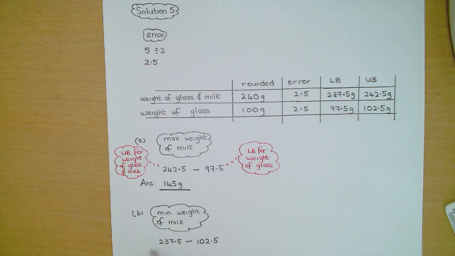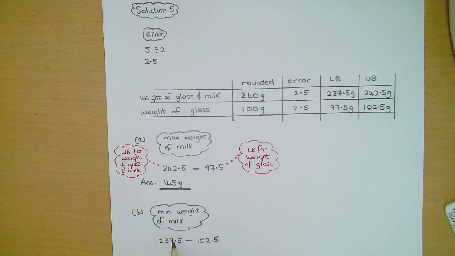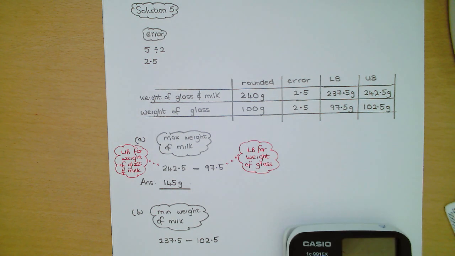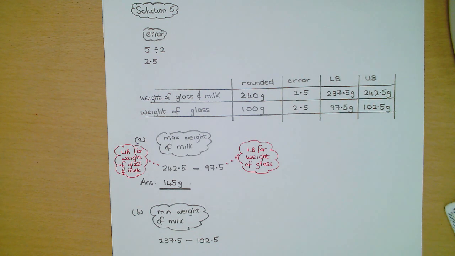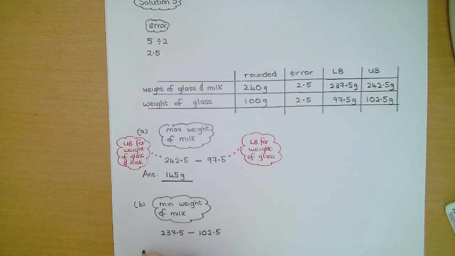Because if you think about it, we want our answer to be as small as possible. So the number we start with has to be the smallest, and then the number we're subtracting, we want it to be the biggest, in order for the answer to be as small as possible. So go back to our calculator, we've got 237.5 and we're subtracting 102.5, and that's going to give us 135 grams.